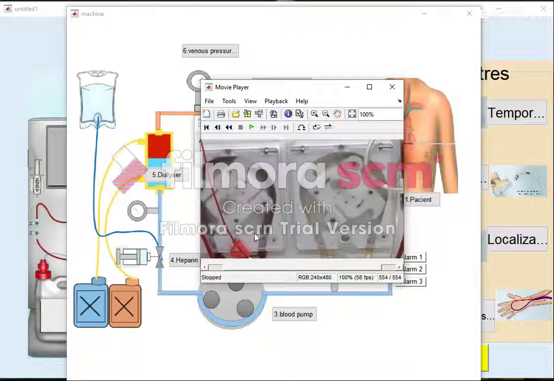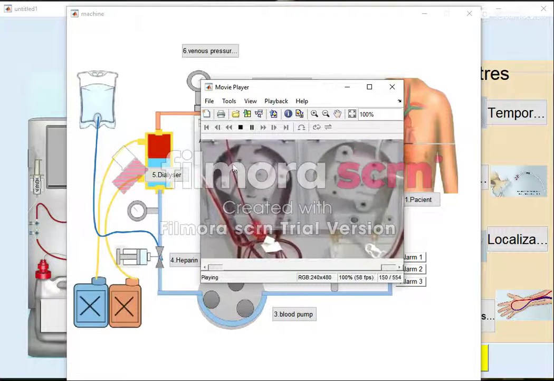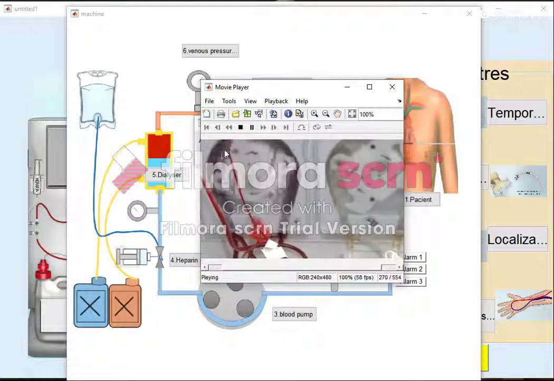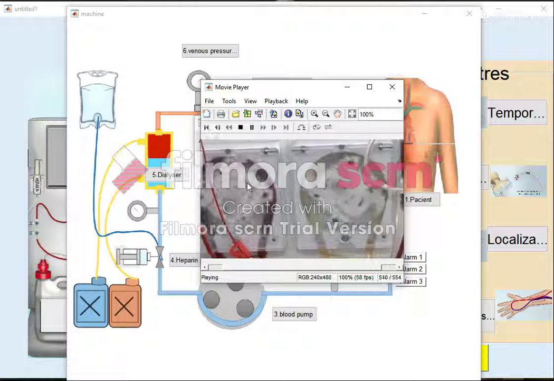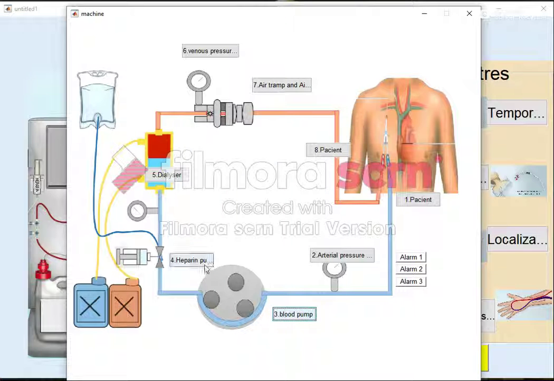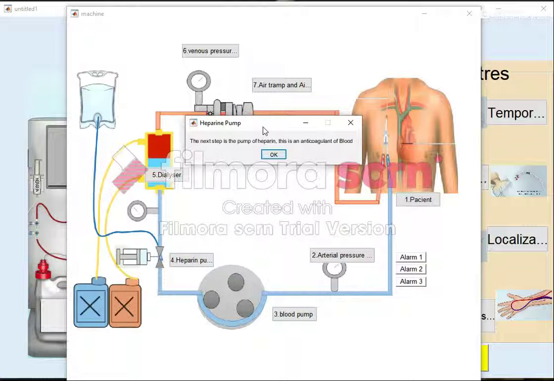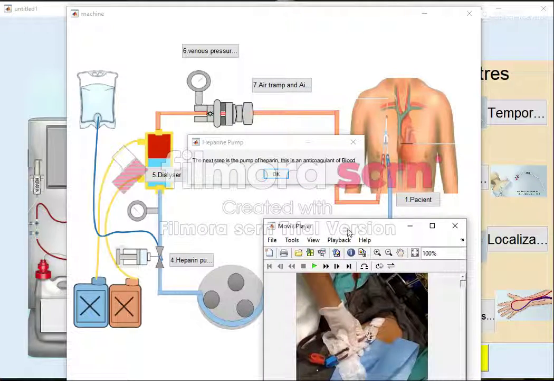We can see the tube. In this part the liquid occurs, and in the other part we can release the same liquid, this blood and this heparin. The next part is the heparin pump. This heparin is for anticoagulation of the blood.